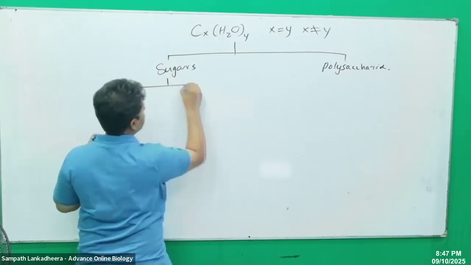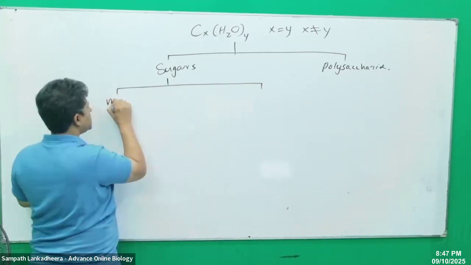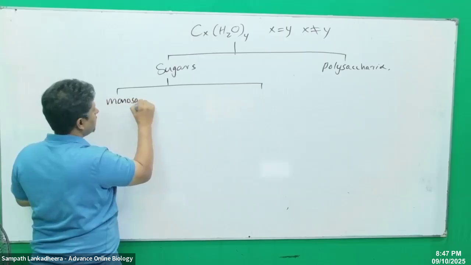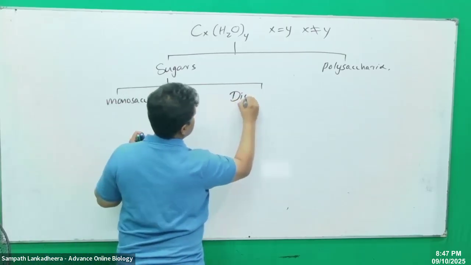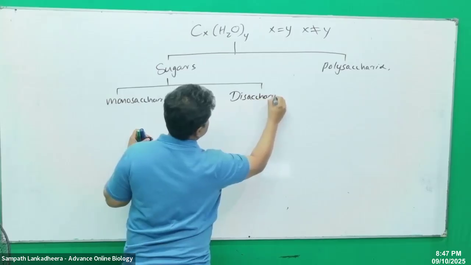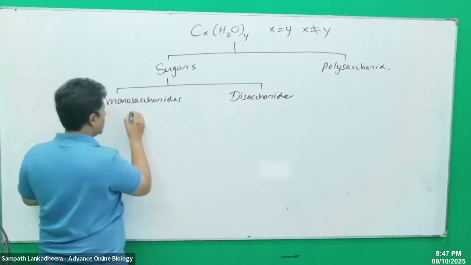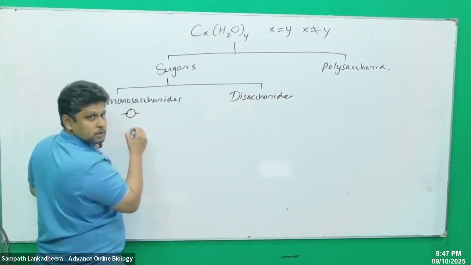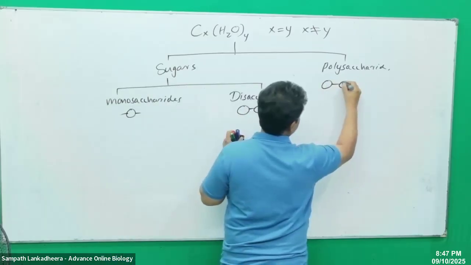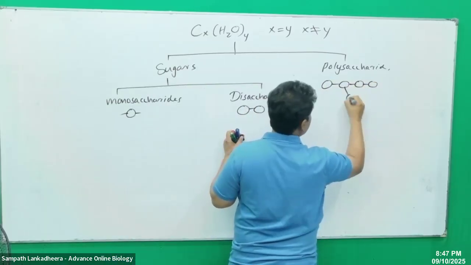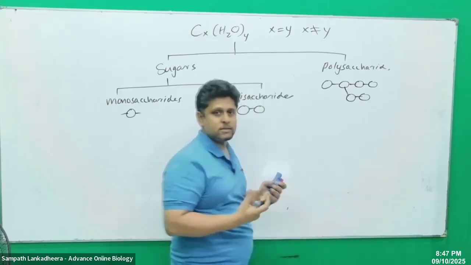Sugars we further classified into monosaccharides and disaccharides. Monosaccharides, we said, one sugar unit. Disaccharide, two sugar units. Polysaccharide, many sugar units. Formula also we discussed differences.